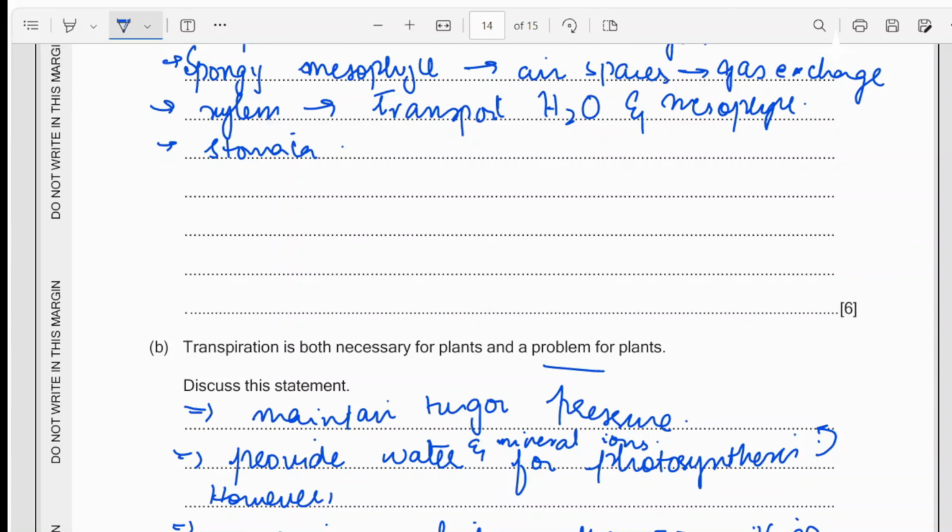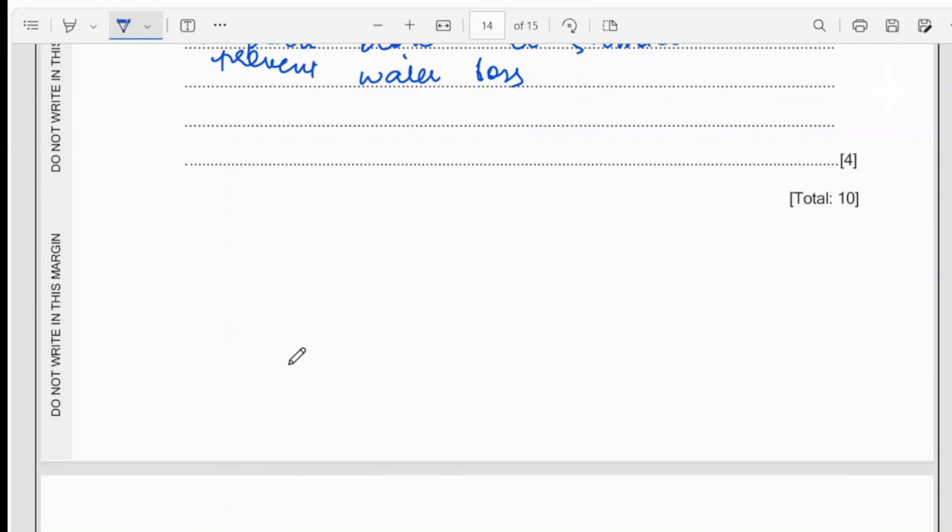Plants close their stomata to conserve water or to prevent water loss. That reduces the rate of photosynthesis as well, since the stomata are closed, so gaseous exchange cannot take place. Okay, I guess this paper has been finished.